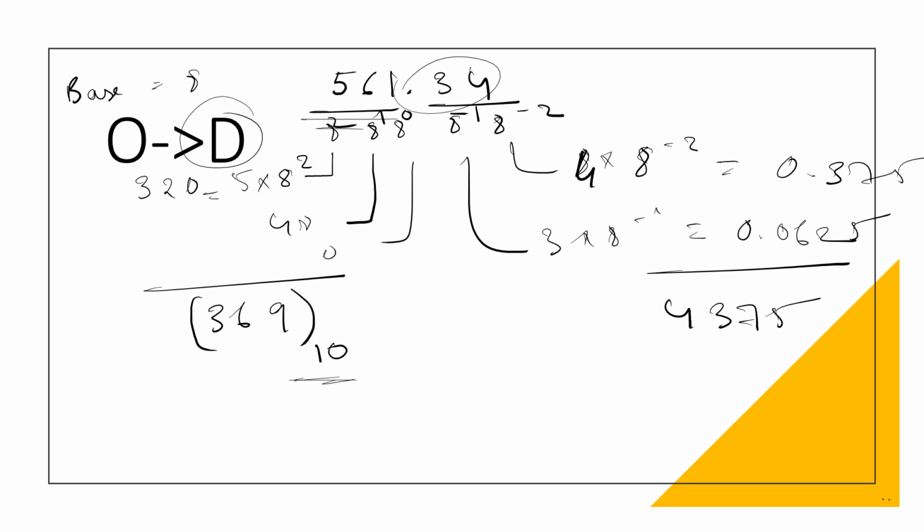Now the point is, where do we stop, right? So you can simply stop at 2 digits also. So the answer for this would be 369.4375 to the base 10. So this is how you convert octal to decimal.